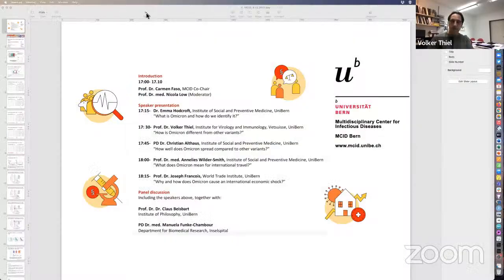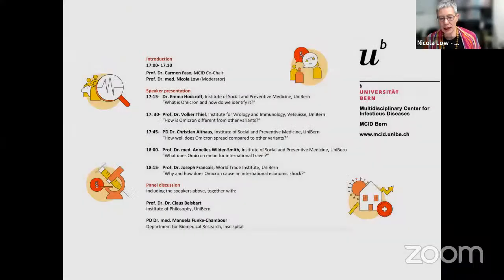In that case, we are still a little bit ahead with our time, but I'm going to move on to Christian Althaus, who's going to give us the next presentation. So Christian Althaus is Privatdozent at the University of Bern. He's a computational epidemiologist and an expert on emerging infectious diseases.